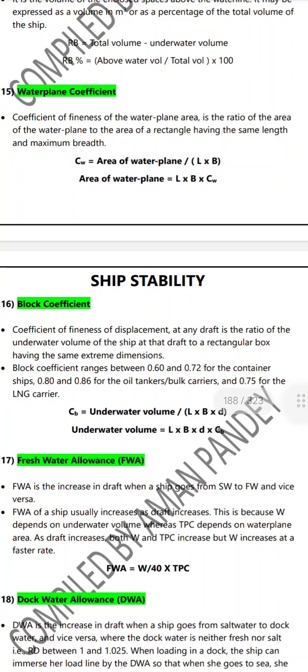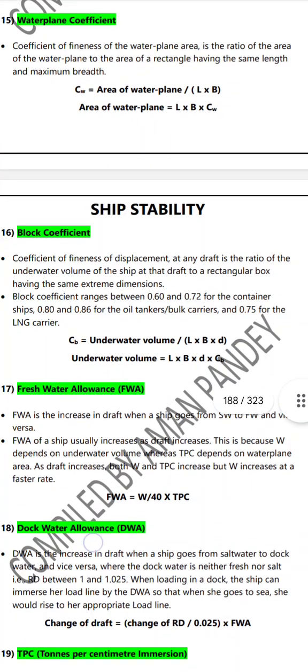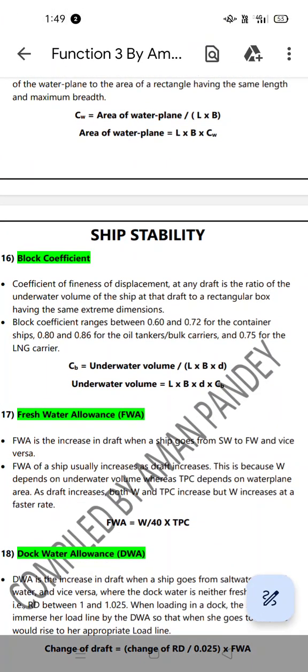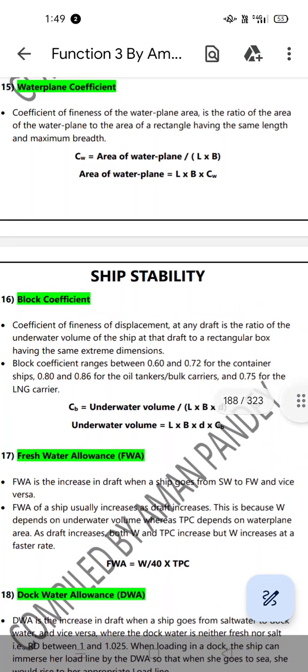Now, what is water plane coefficient? The coefficient of fineness of water plane area is the ratio of the area of the water plane to the area of a rectangle having the same length and maximum breadth.